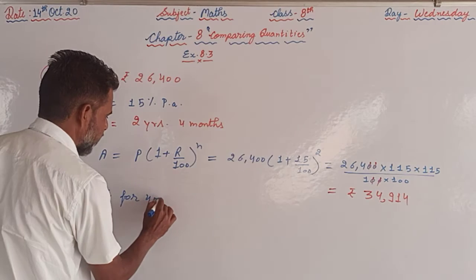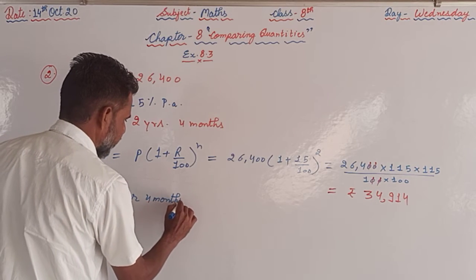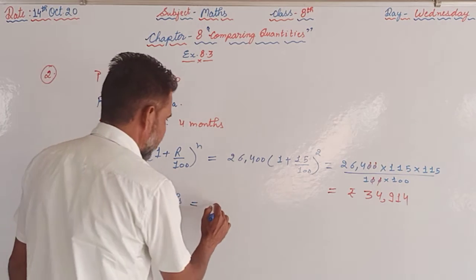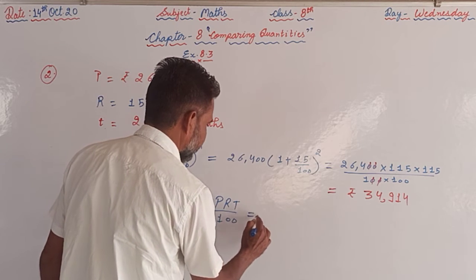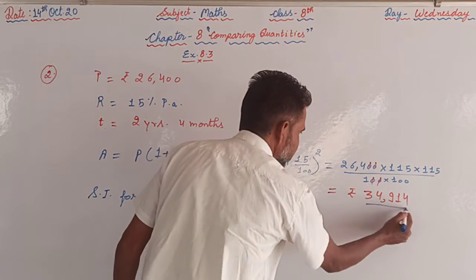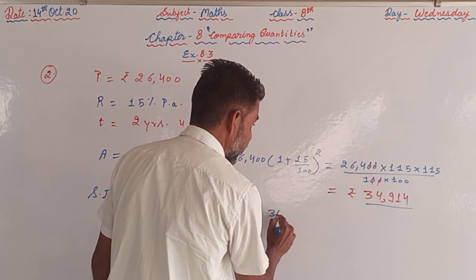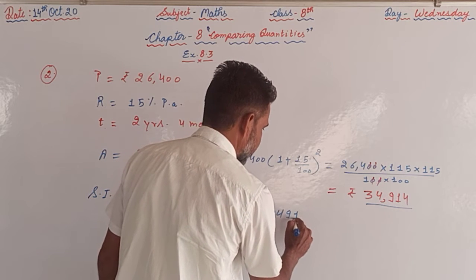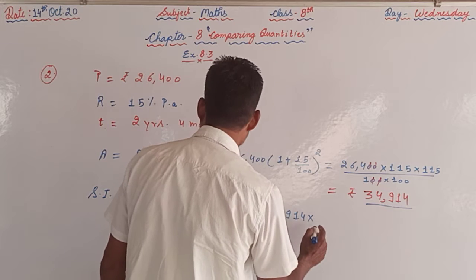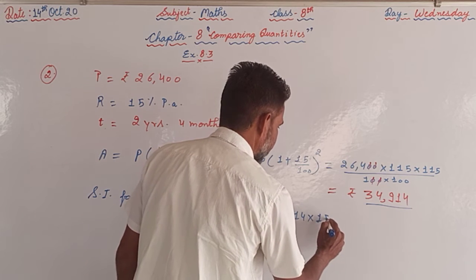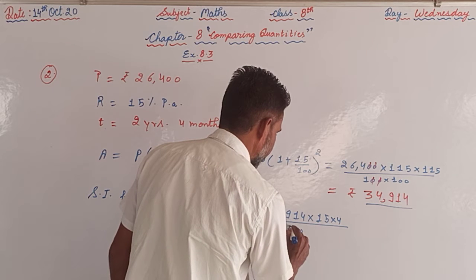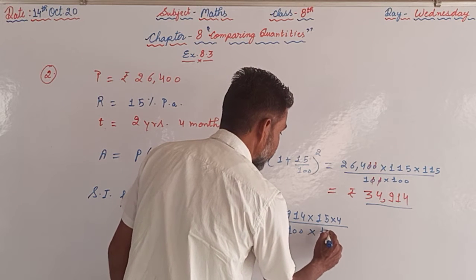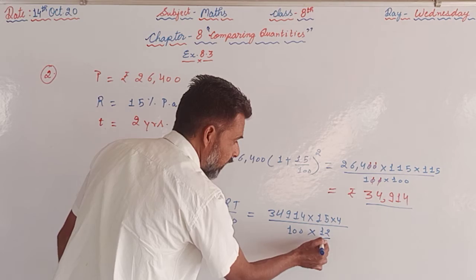So SI for 4 months is PRT upon 100. P is the principal for the third year, 34,914, into rate, which is the same, into time, which is 4 months. We have to convert it into years, and to convert into years we divide by 12.